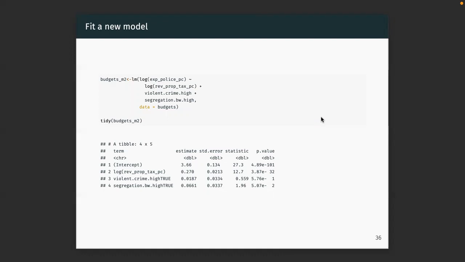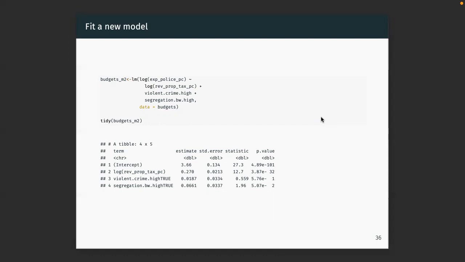So do we think that, for example, property tax revenue is correlated with violent crime? Yes or no? Is how wealthy a place is related to its crime rate? Absolutely, right? Wealthy places tend to have lower crime rates. So violent crime is in part explained by property tax revenue.